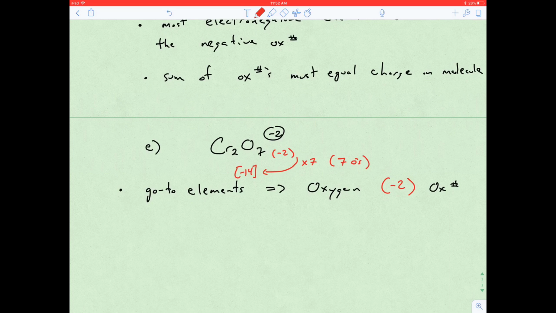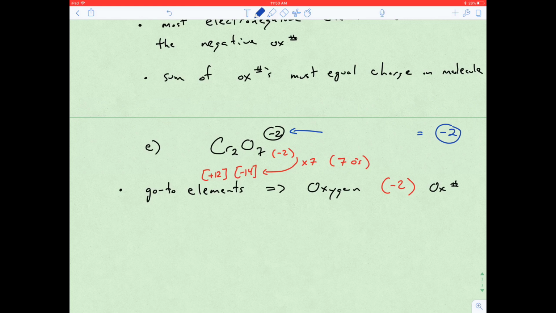That means the chromium would have to have a total of +12. Now, why the +12? Really, that comes from the charge. In order to get an overall charge of -2, I have to have a difference in the oxidation states.